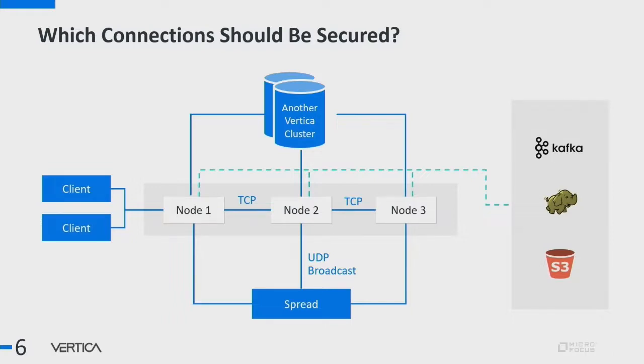This can be data required for processing of a query, or it can be the result sets which executors send to the initiator, which in turn builds the final result set and sends it back to a client. Additionally, there is constant communication between the nodes. This communication is managed by a utility called Spread, an open source toolkit providing a high-performance messaging service. Spread is broadcasting metadata across the cluster using UDP protocol.